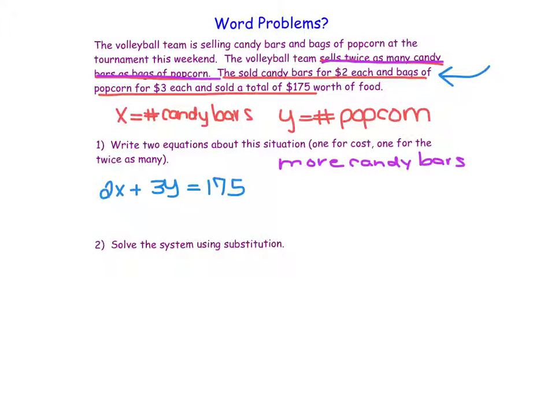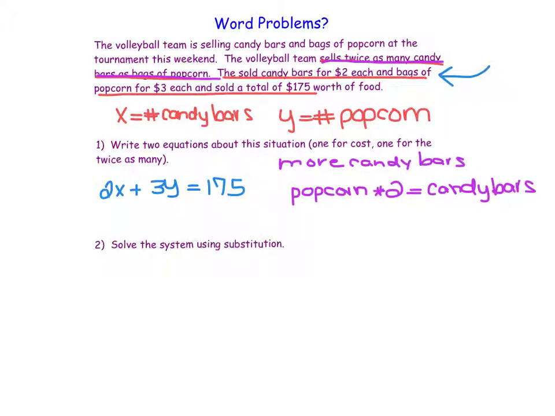And what I'm noticing is that however many candy bars I sold, it is 2 times as many as the popcorn. Or, however many popcorns I sell, I'm going to multiply that by 2 to make it twice as many, and that's how many candy bars I sold.